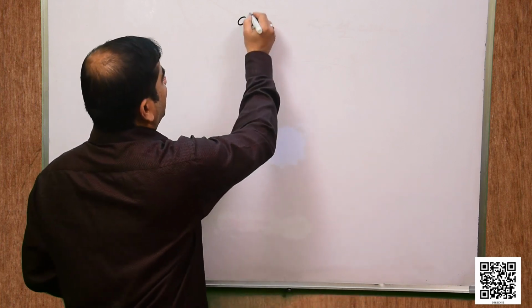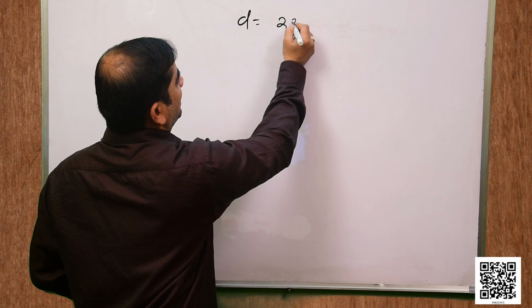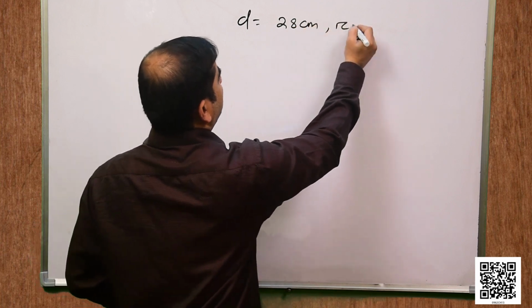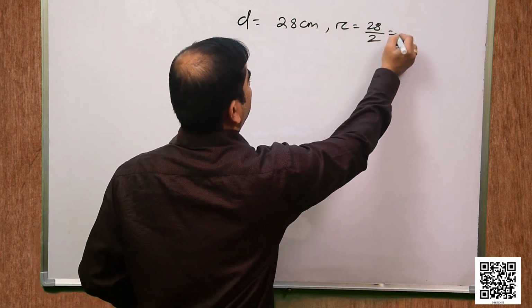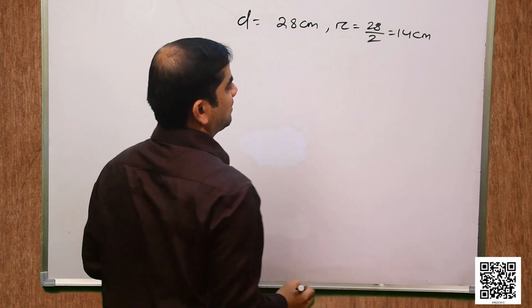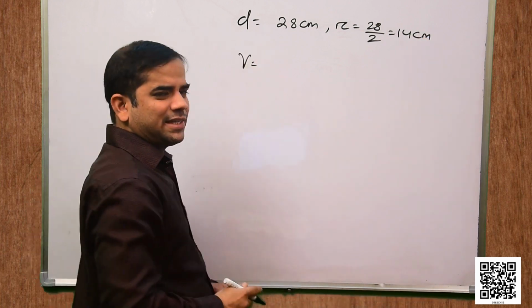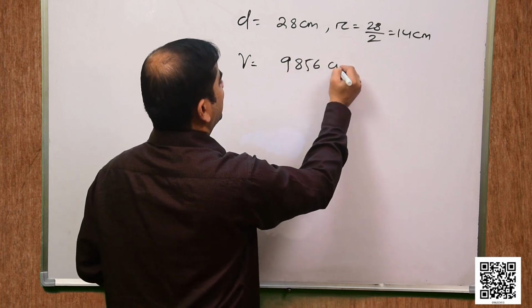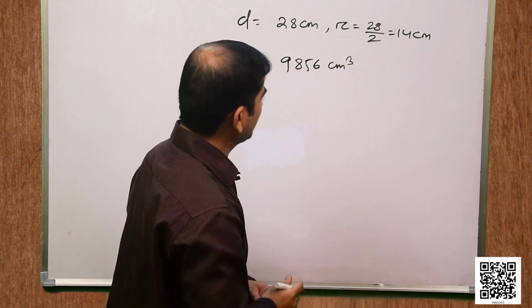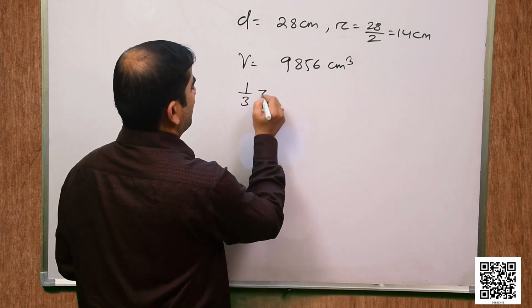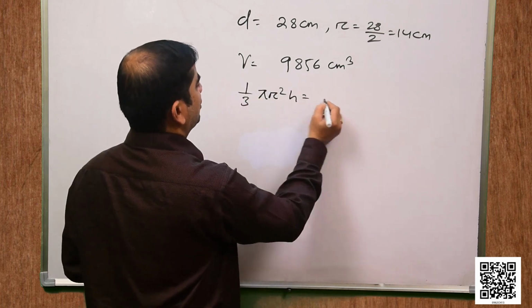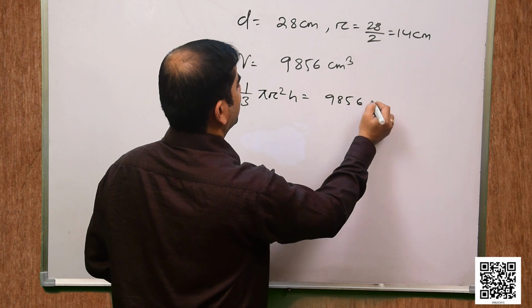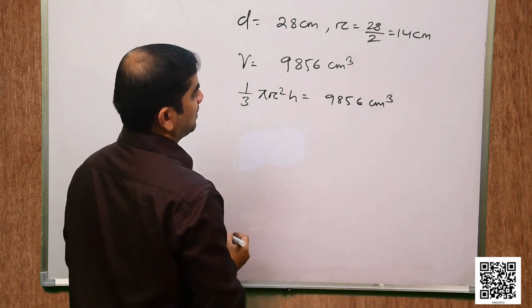So as per the given data, diameter is 28 centimeter. So radius is 28 by 2, that is 14 centimeter. And the volume is given as 9856 centimeter cube. Okay. So 1 by 3 pi r square h is equal to 9856 centimeter cube.